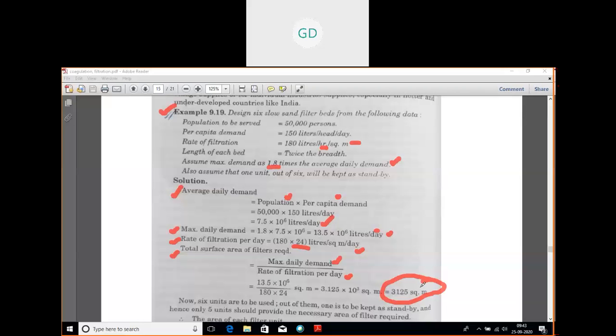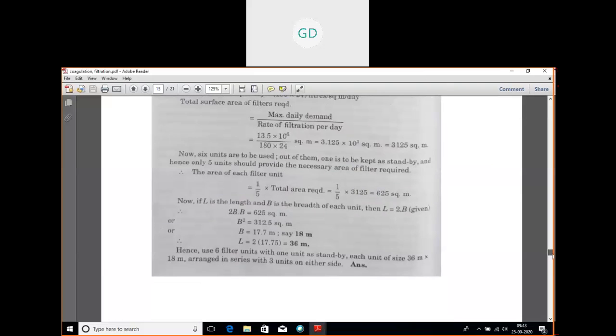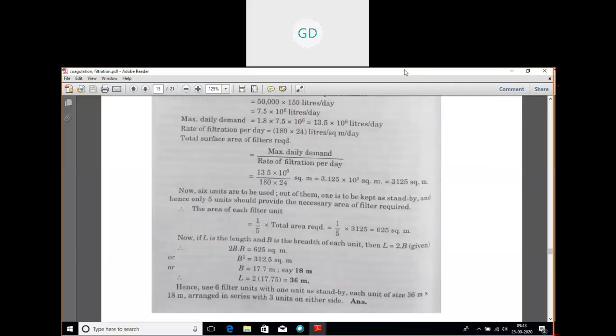The total surface area you already got, and you need the area for 5 units, so you divide it by 5. The area for each filter unit is 1/5 into the total area required, and we got it to be 625 square meter.